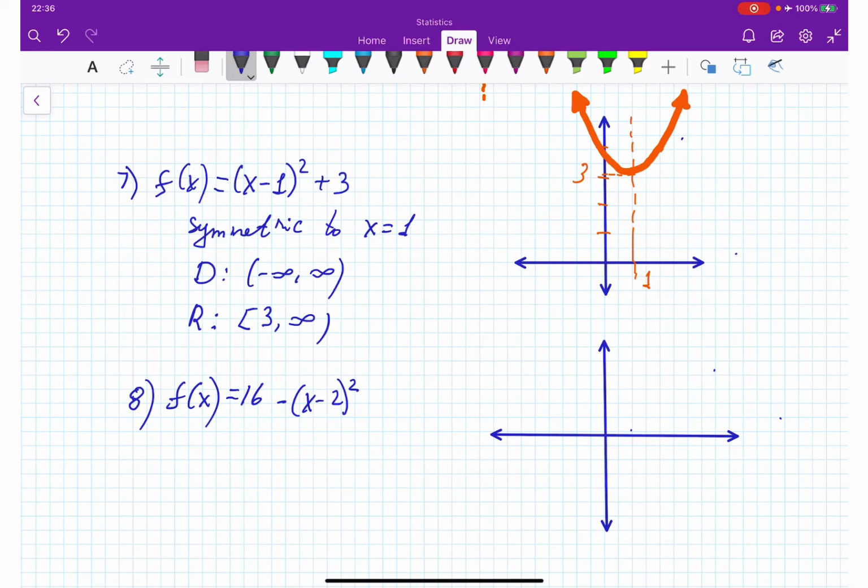So this is 2. Well, we need to assume this is 16. I can put here 3 dots, which means there is a cut, and take this as 16. Okay? And this is my graph.